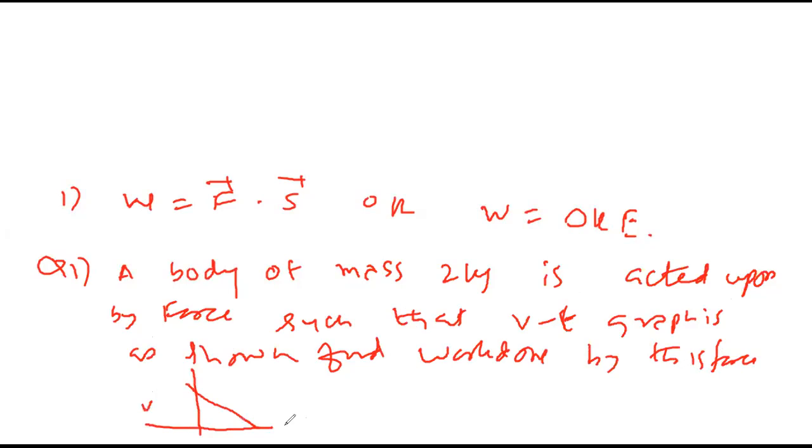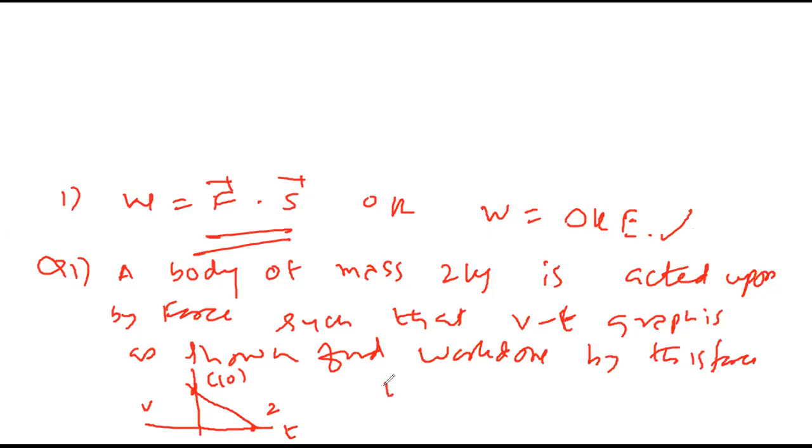This is the velocity time graph. This is 10, this is 2 seconds. We have to find the work done. Nowhere can you see force and displacement, so I cannot solve by that method. But definitely I can solve by this method.